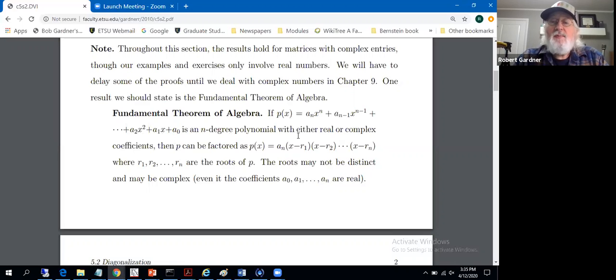If this is an n-degree polynomial with either real or complex coefficients, in chapter 5, it'll be real coefficients, then P can be factored as P of x equals a sub n times x minus r1 times x minus r2 up to x minus r sub n, where r1, r2, and r sub n are the roots of the polynomial. So we factored this n degree polynomial into a product of n linear terms.